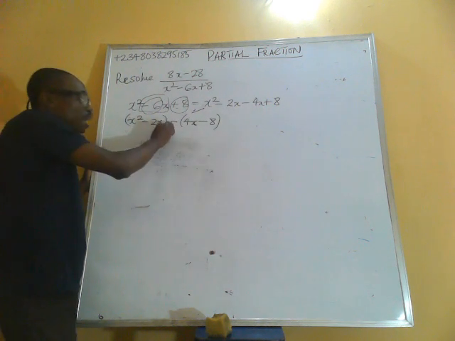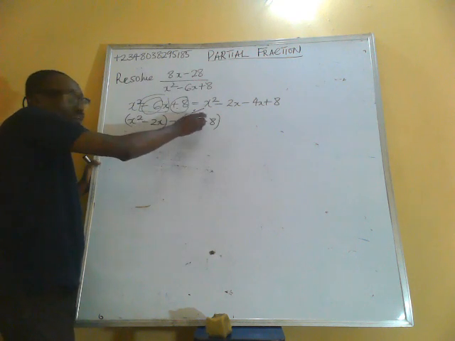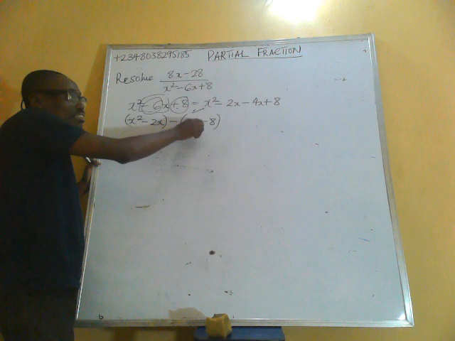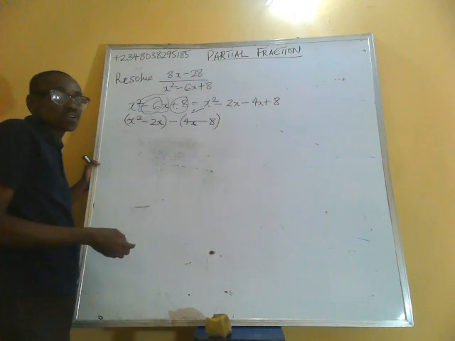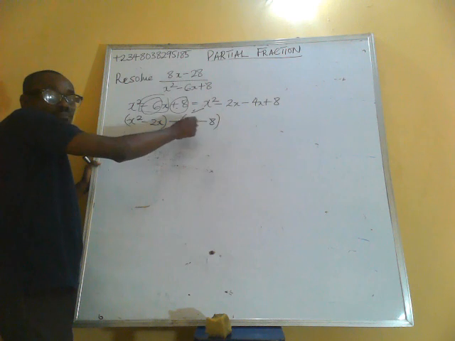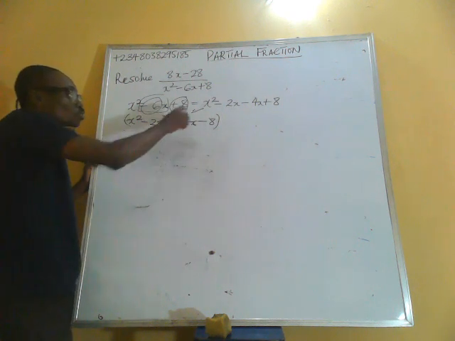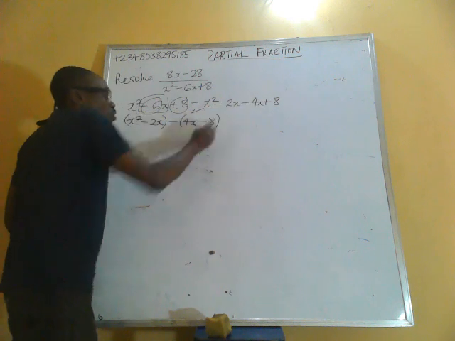So whenever you introduce a bracket with a minus in front, whatever signs the terms are carrying will change. That was why the sign changed from a plus to a minus.